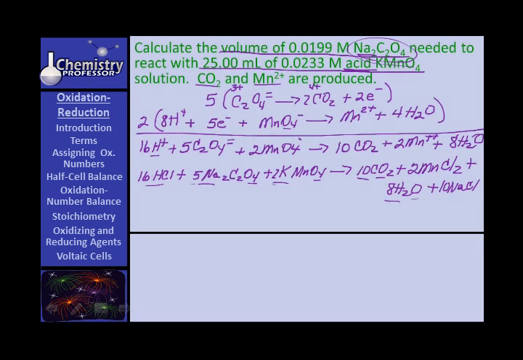Where's the potassium going to go? Well, it's got to go with chloride, I guess. So how about 2 potassium chlorides? Now let's see if our chloride is right. We've got 16 chloride ions over here on the left. We have 4 here, 2 here, that makes 6, and 10 here makes 16. Guess what? It's balanced. Now, we're ready to work the rest of the problem.